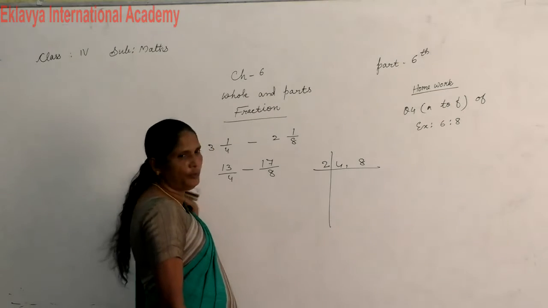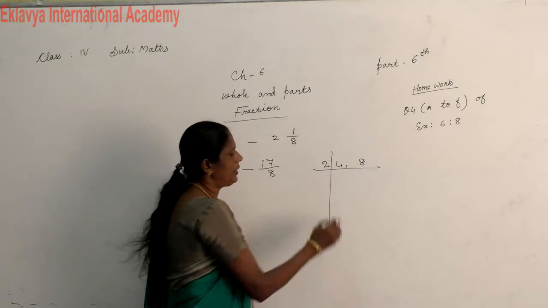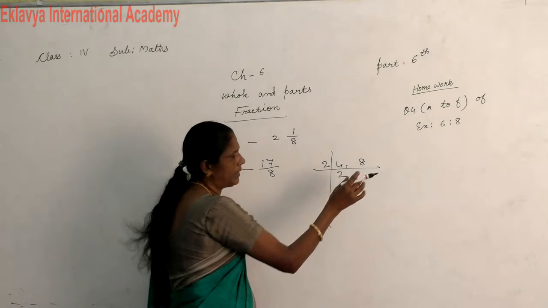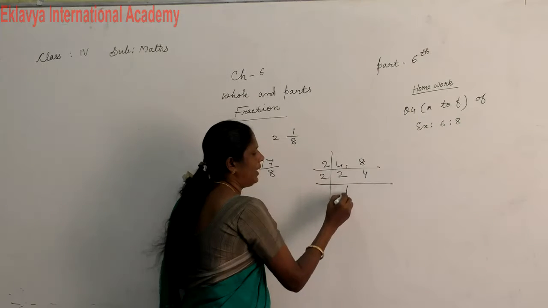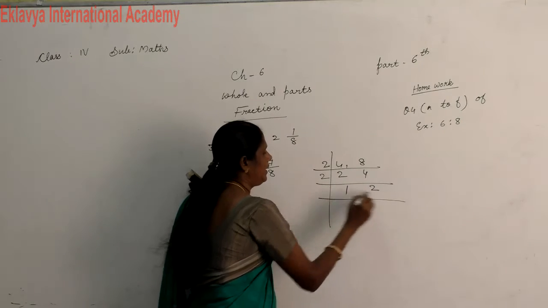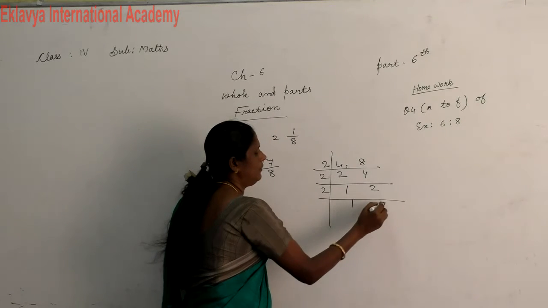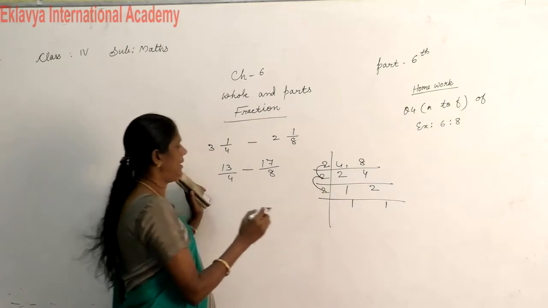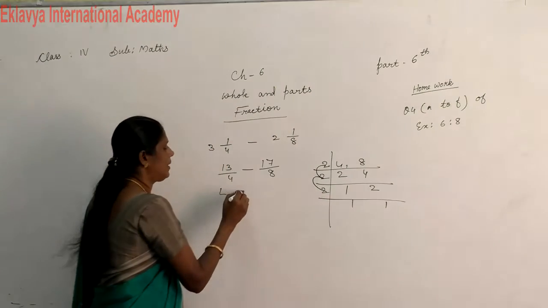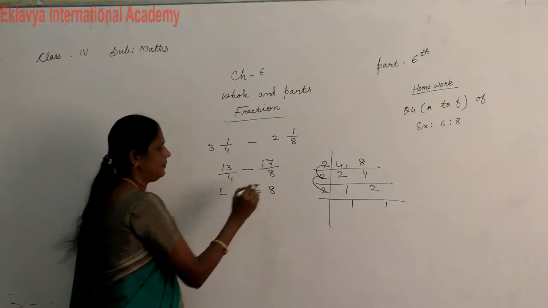In the table of 2, how many times does it go here? 2 times here, here 4 times. Again 2 goes, 1 times 2. Again 2, 1, 1. 2 2s are 4, 4 2s are 8. LCM is equal to 8.